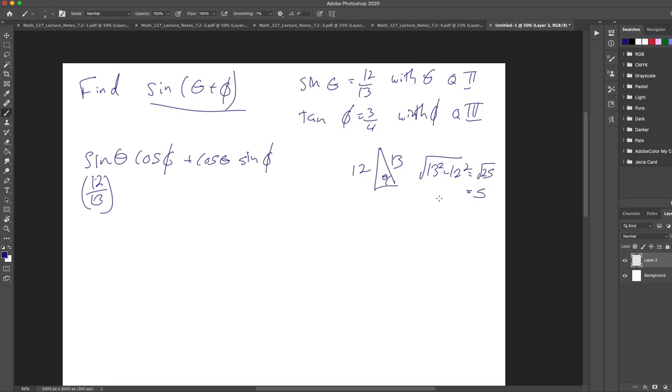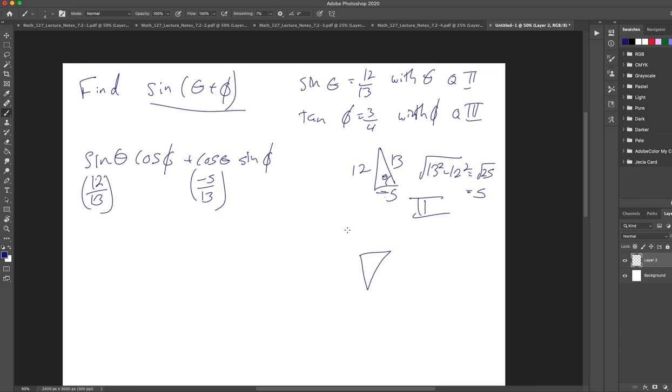But since I'm in quadrant 2, my x value would be negative, so it'll be minus 5. So cosine theta is adjacent over hypotenuse, which is minus 5/13.